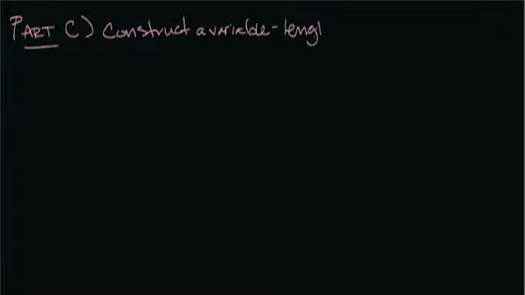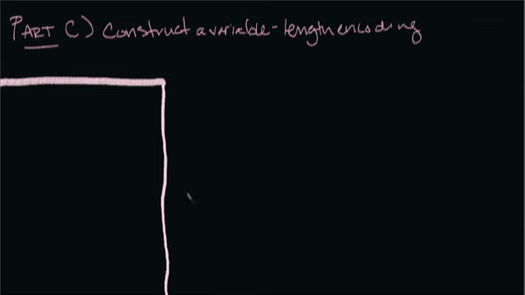Alright, so now we're going to start part C. In part C, we're asked to construct a variable length encoding using the same probabilities for this DDS language that Ben wants to be able to speak to his dentist in.